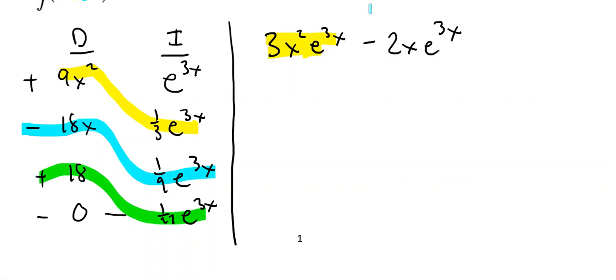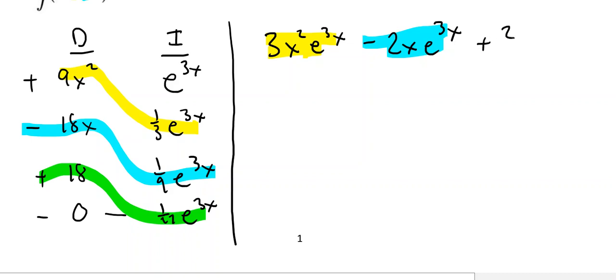That is the blue part. And then we're going to have, let's see, 18 over 27 would be 2/3, so 2/3 e to the 3x. That is the green part. And then, don't forget, plus c at the end. And that is our final answer, integration by parts.